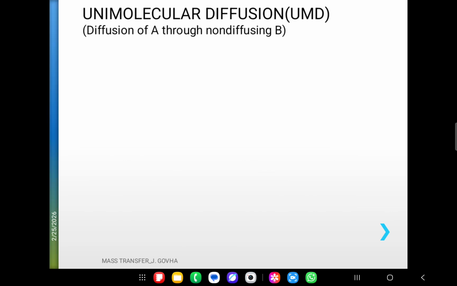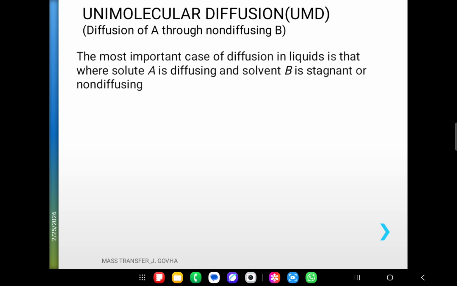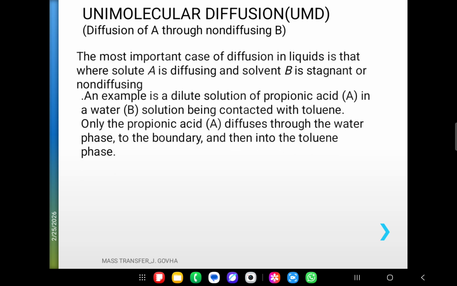So moving on to unimolecular diffusion of A through non-diffusing B. One of the most important cases of diffusion is that where solute A is diffusing and solvent B is stagnant or non-diffusing. An example of this is propionic acid in a water solution being contacted with toluene.